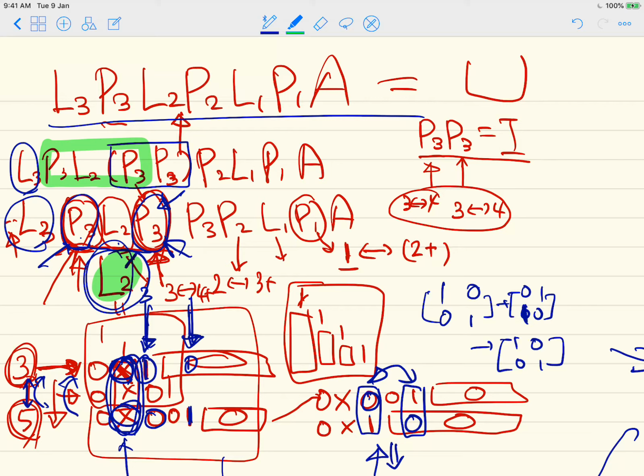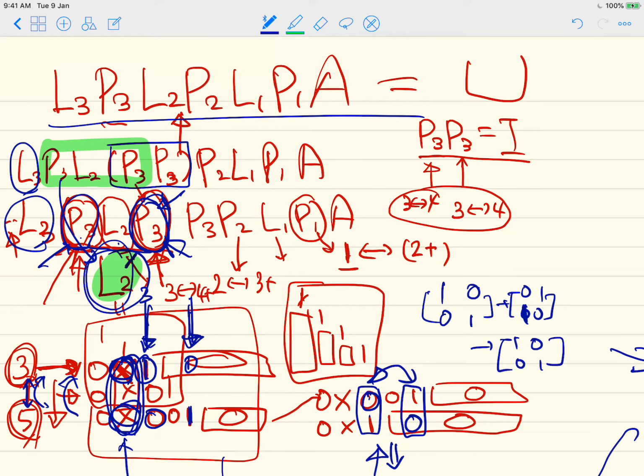And then this L2 prime will include this P3, so this P3 is kind of gone, but instead, we created another P3 over here, right?